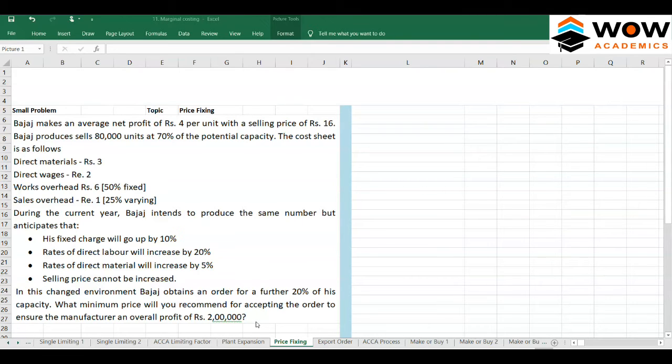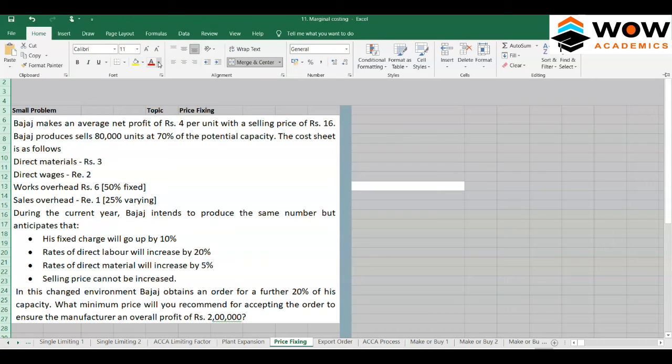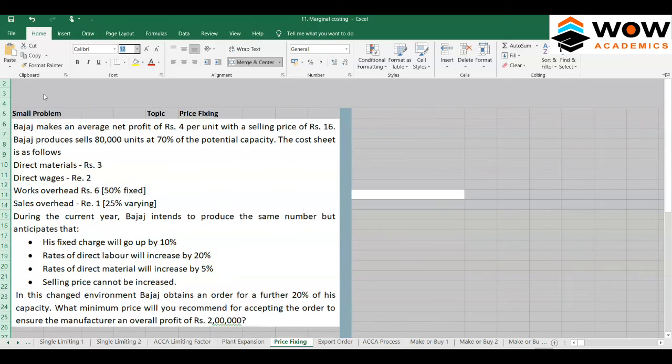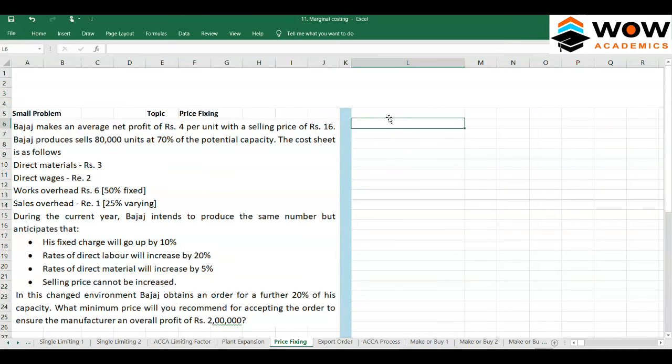To do this problem, we have to find out the existing profitability and the changed profitability because of these changes, and what price they have to charge for this new order. So we'll start.